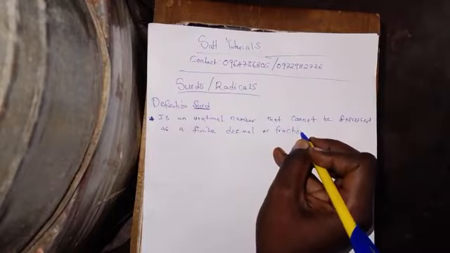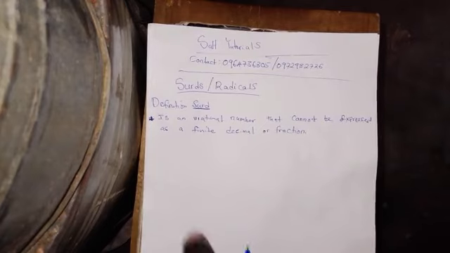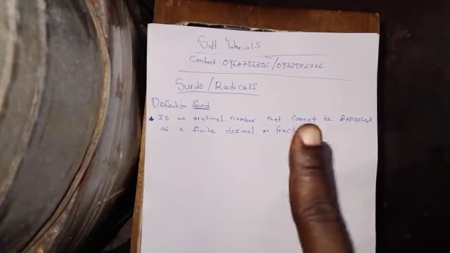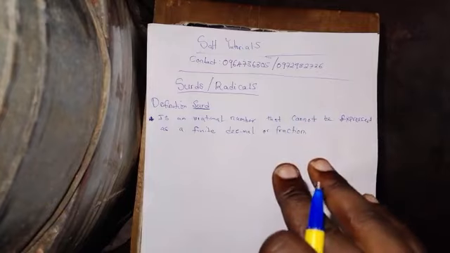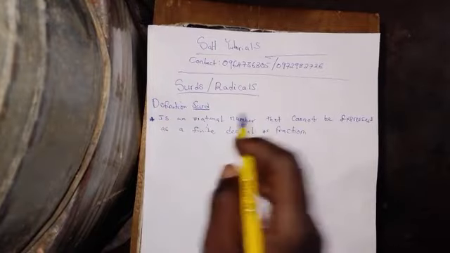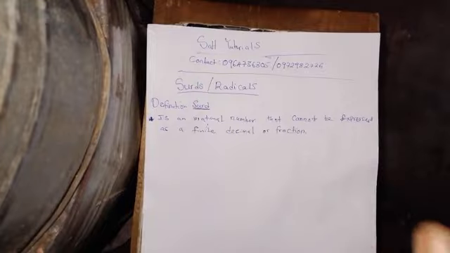Remember what an irrational number is? A number which can never be expressed completely in the form a over b, where a and b are integers and b is never equal to 0. That is the same concept we're trying to embrace here. It is to say a surd is an irrational number that cannot be expressed as a finite decimal or fraction.